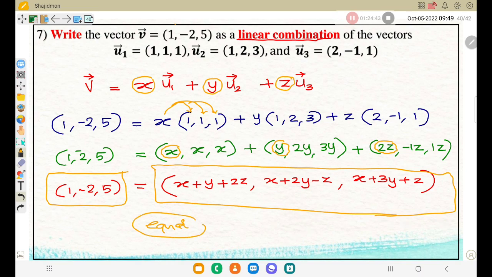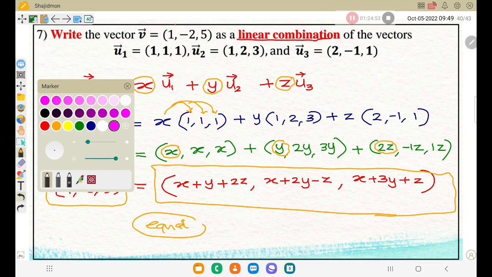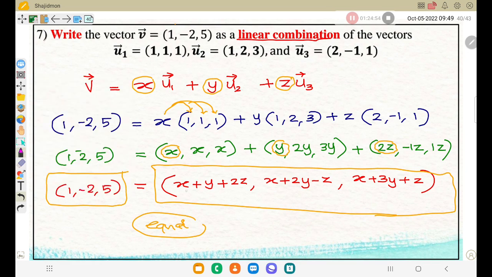Now when we are telling two vectors are equal, the first component should be the same, the second component should be the same, the third component should be the same. So what is the first component you can see? Here 1, here x plus y plus 2z. So we can write x plus y plus 2z equal to 1. Correct?